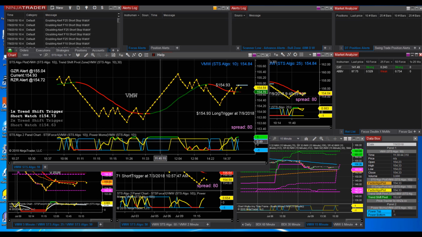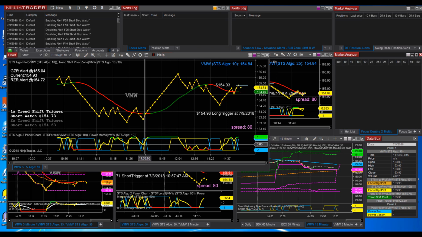And if it happened to get the green on the 25 at the same time, it would alert you there too. But in this focus double X, now in this case you did not get a double X crossover, but if you had two yellow ones and you got the crossover going up, that double X cross is all this is. Like right here when this started back down, this is a perfect chart set up here too.